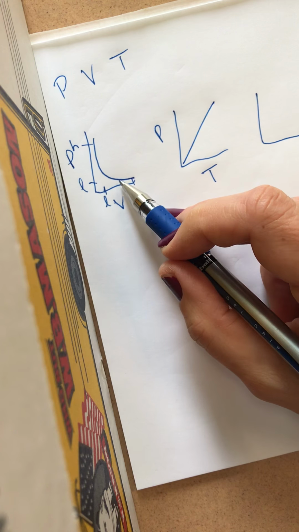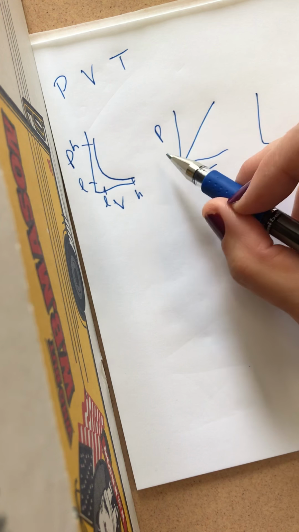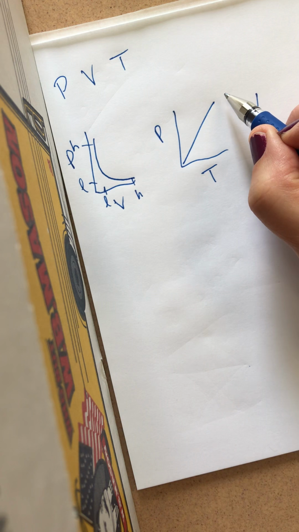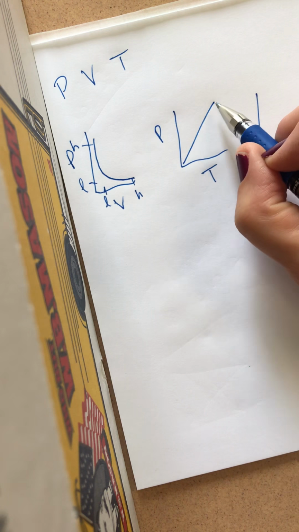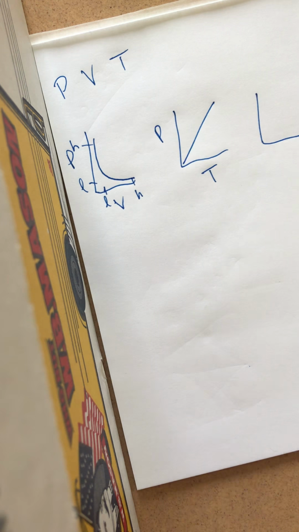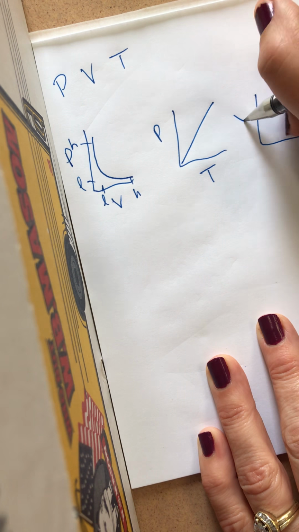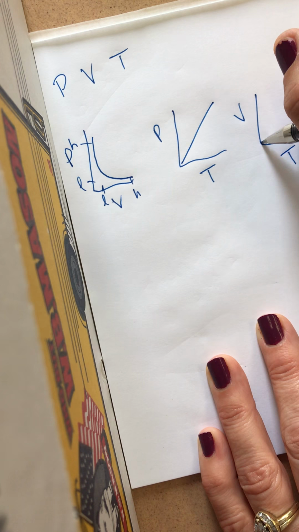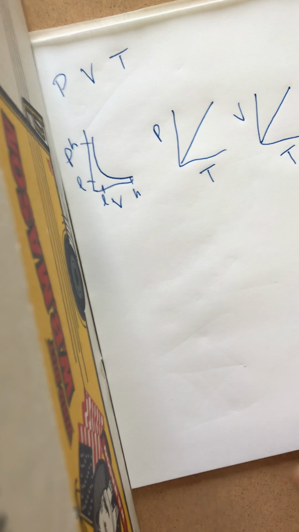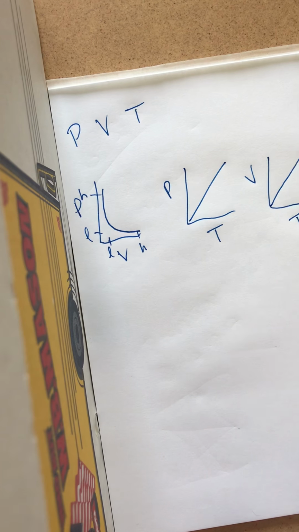So this was inversely proportional. This is directly proportional. As the pressure goes up, the temperature goes up, or vice versa. As you heat something up, there's more pressure because the molecules are moving faster and bouncing off of each other. And I could also do volume and temperature. So as I heat something up, it's going to occupy more space. So those are our three graphs.